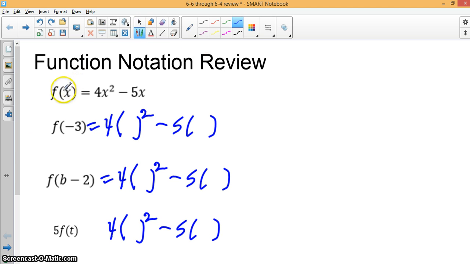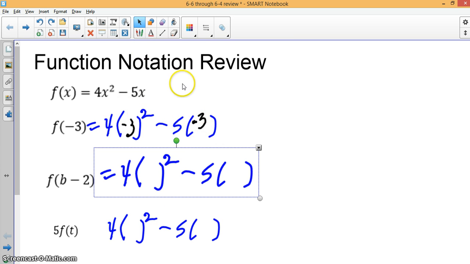So the function is f of x equals 4x squared minus 5x. F of whatever is 4 times that whatever squared minus 5 times that whatever. So in this case, it's -3. Oh, that was horrible. Okay.